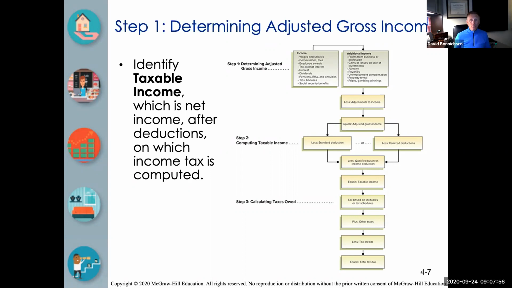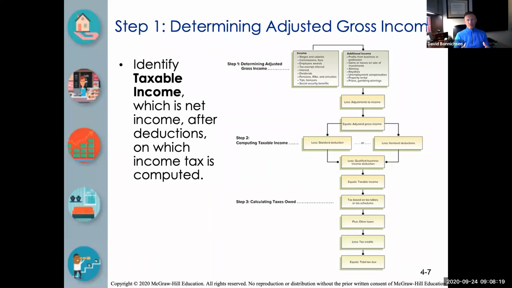If you own your own business, you've got profits from a business that flow in through additional income. If you receive alimony payments, maybe you sold some investments that had some gains. Those gains flow in. Maybe you sold some investments that had some losses. Those losses can go to offset some of those gains that you may have had.